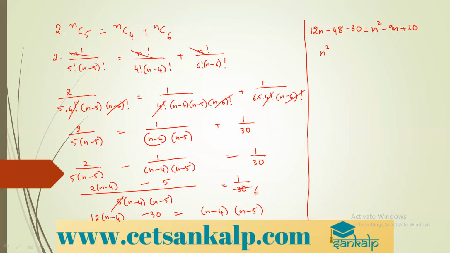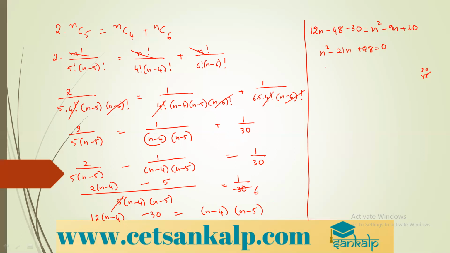So n square minus 9 minus 12, minus 21n. Then I have 20 plus 58. Yes, now I'm getting correct. 20 and 78, I'm getting 98 equal to 0.